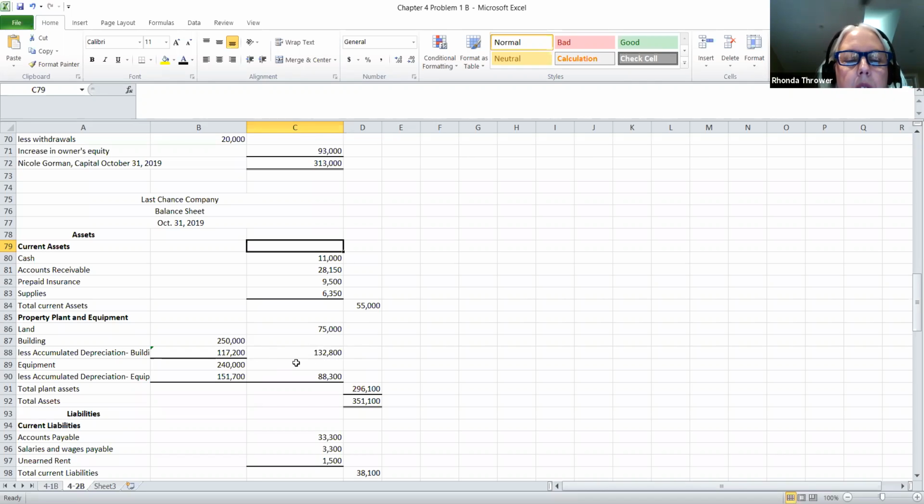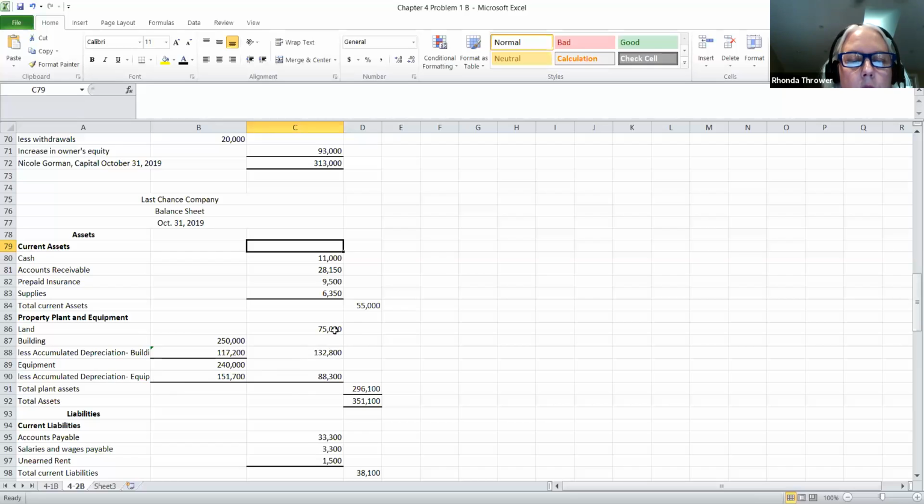This is called book value. So your equipment would be recorded at its cost less the accumulated depreciation. The book value of the equipment is 88,300.